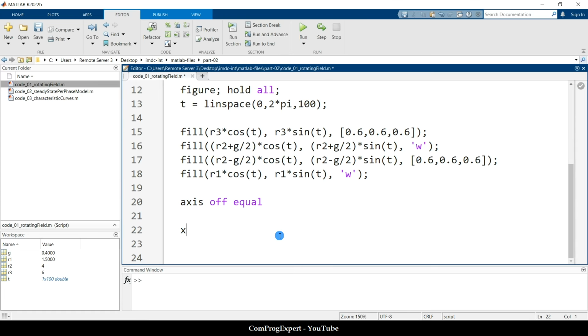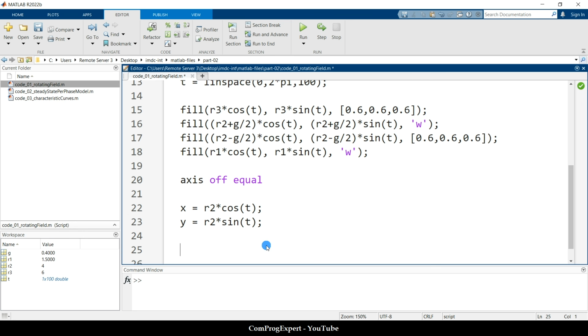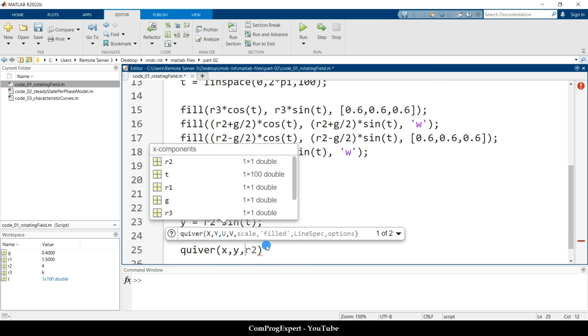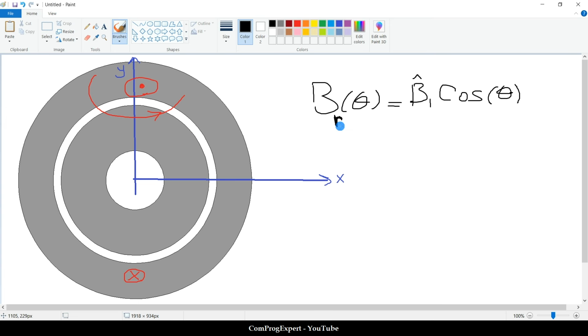I can write x equal to R2 times cosine of t and y equal to R2 times sine of t. So I want to use the quiver function to plot this vector field x, y, and we need to specify the x and y components of the field.